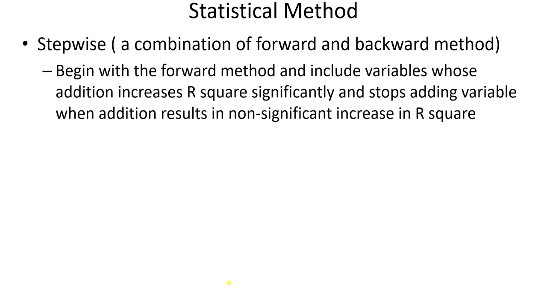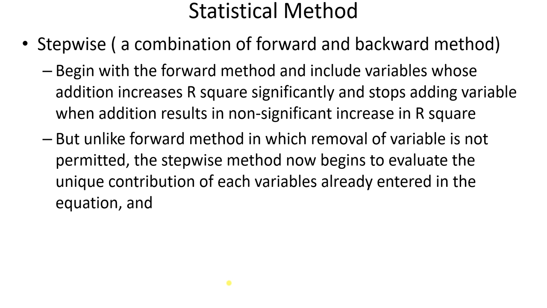So in stepwise, we begin with the forward method and we include one variable in the regression equation at a time. And as I discussed earlier, it stops adding variables when addition suggests that there is no significant increase in R square. The prediction is not improving significantly.